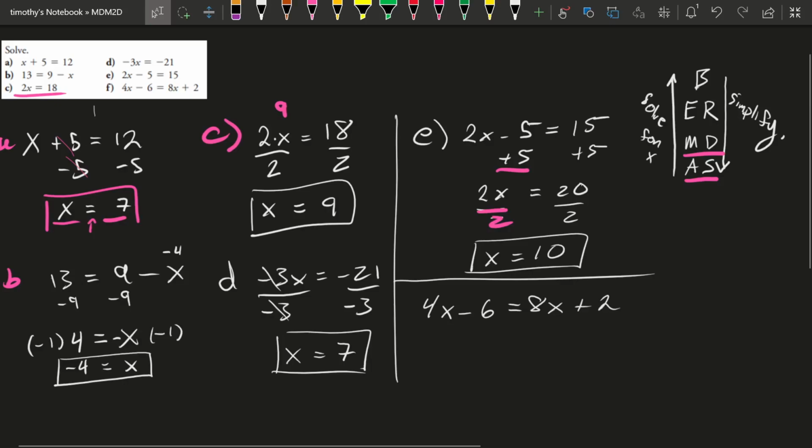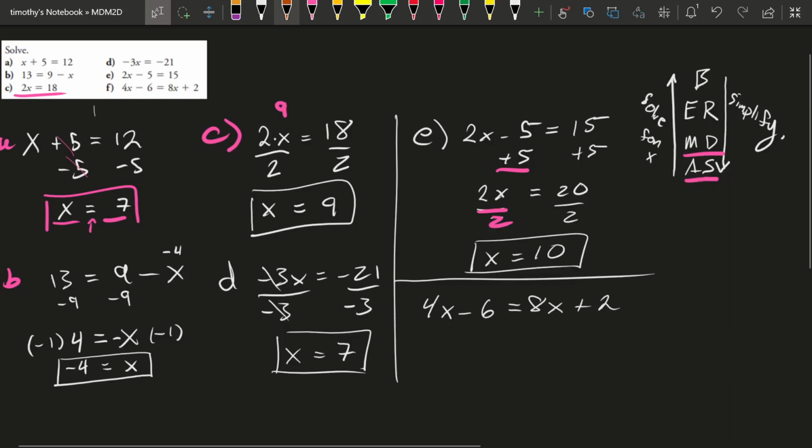For this one, I'm noticing that I not only have two numbers like I did beforehand, but I also have an extra x hanging around. The idea is that I must get these x's onto the same side, and the numbers have to go all the way to the other side. So I'm going to do my addition and subtractions first, and then I'm going to see if I have any multiplications or divisions to do, all right?